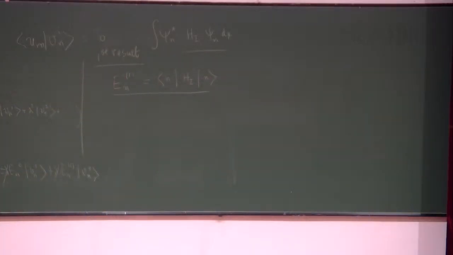I am going to write it in the most general form. Now from this, this exercise whatever I have done, I have written the zeroth order, I have written the first order, I can write down the second order.